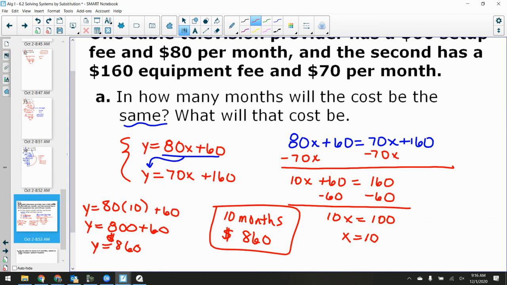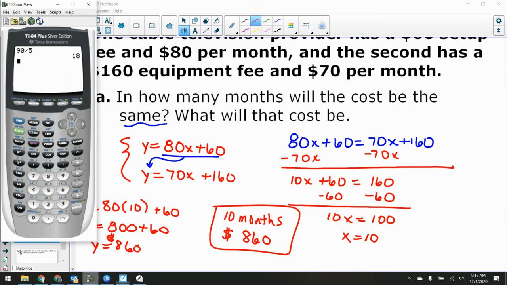Let's plug 6 back in. 80 times 6 plus 60. Let's plug it into the second place. 70 times 6 plus 160. Oh, yeah, you're right. I'm sorry, you're right. Brain fart. The other one's got the lower startup. So company 1 would be cheaper.